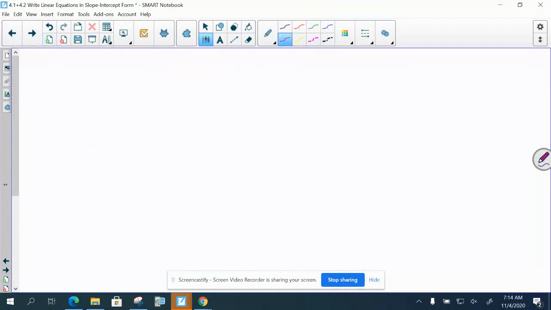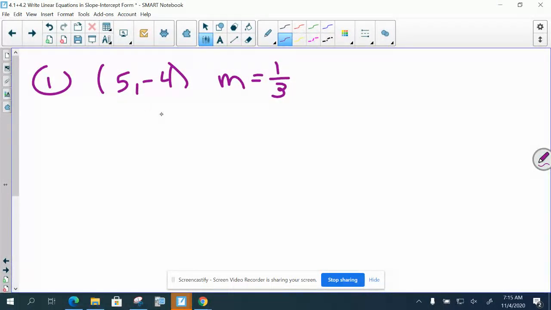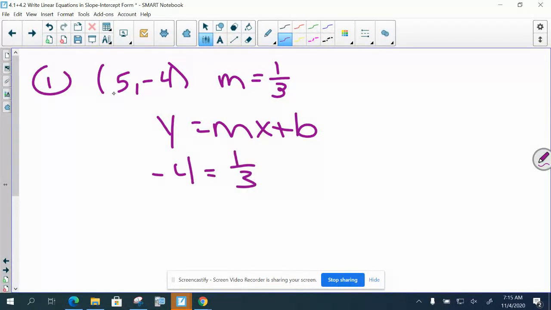So your first example is you've got the point (5, -4), and then you have a slope of 1/3. All right, so let's take your y = mx + b, and let's plug in the values that we know. So y is -4, m is 1/3, x is 5.